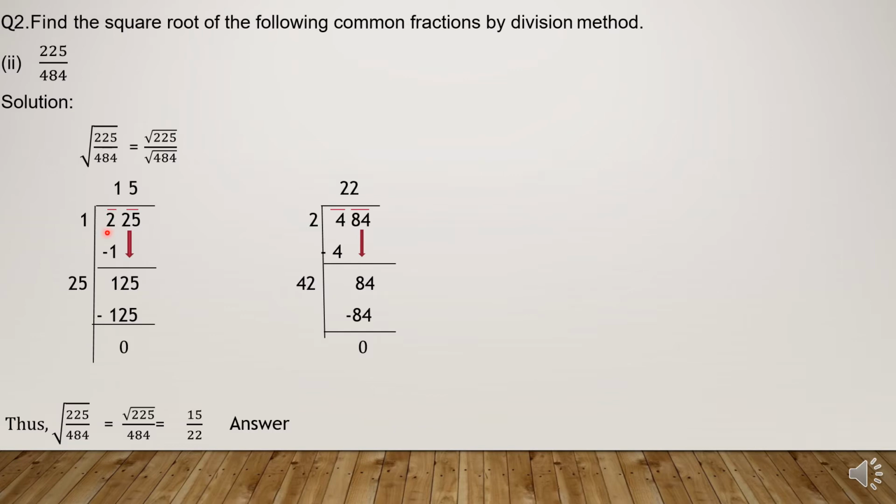After making pairs, we will guess a divisor so that we multiply that divisor with itself and get a number that is smaller than or equal to our first pair.